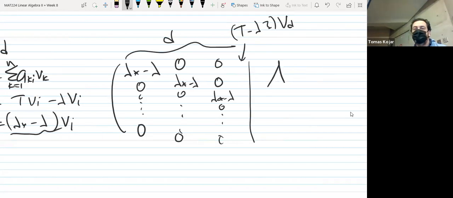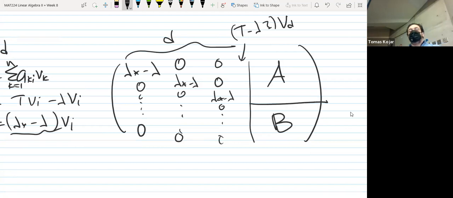So you put a matrix A and another matrix B, because you don't know what the columns are. So up to here, you have D times D, and in this case, n minus D times n minus D.